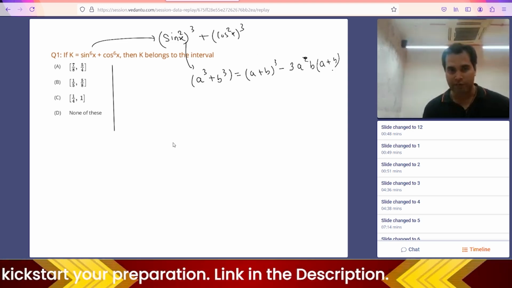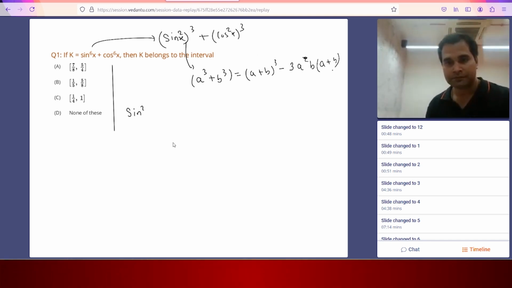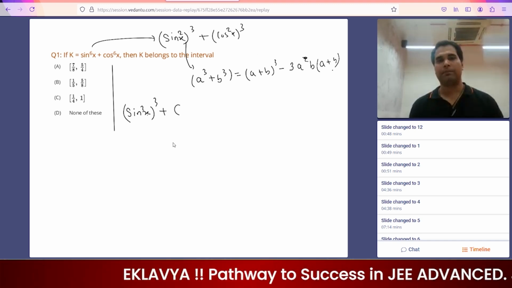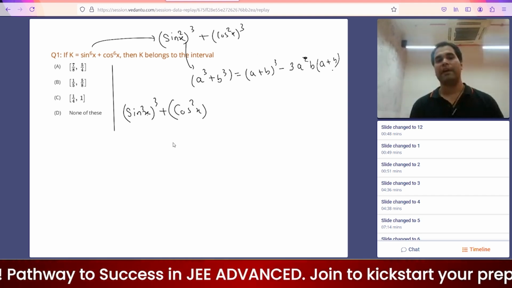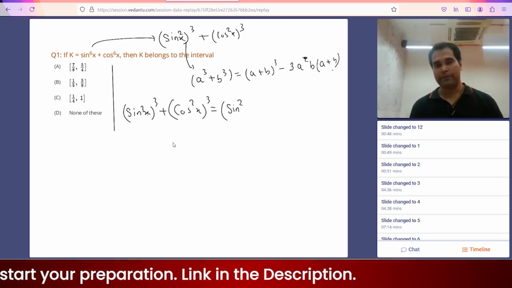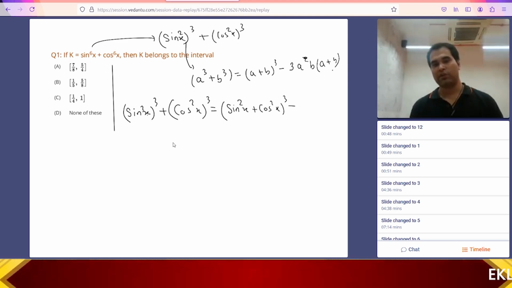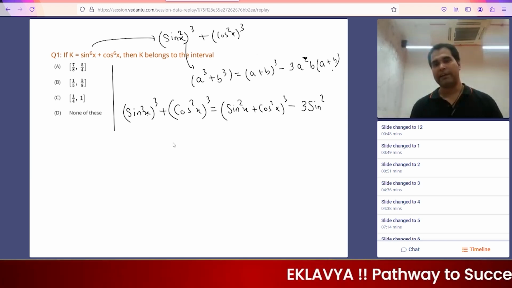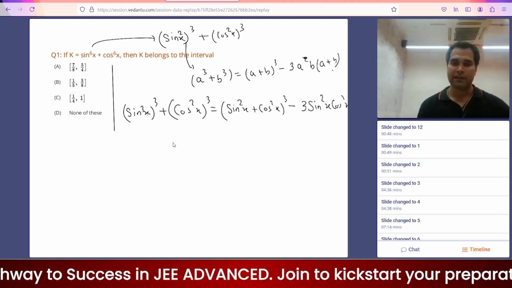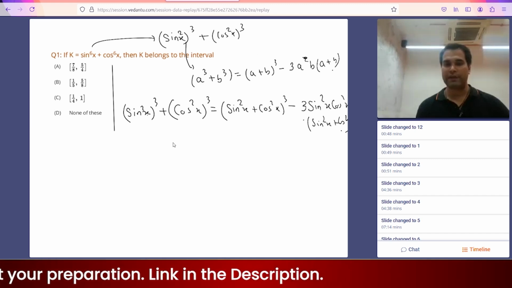This means sin to the power 6x can be written as sin square x cube plus cos square x cube, equal to a plus b whole cube, means sin square x plus cos square x whole cube minus 3 times sin square x into cos square x into sin square x plus cos square x.